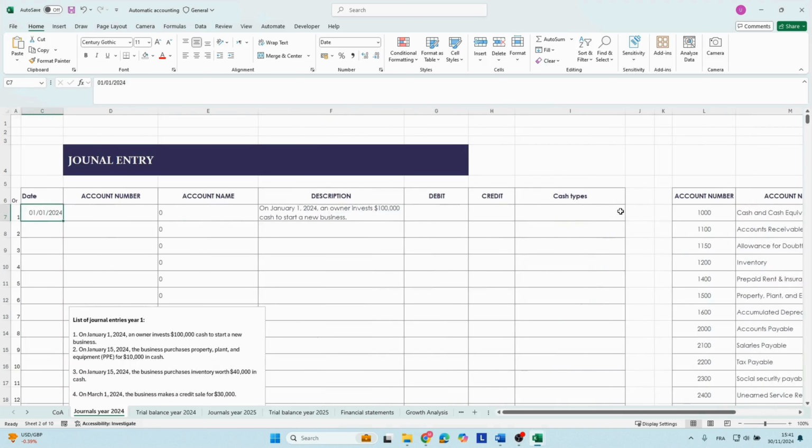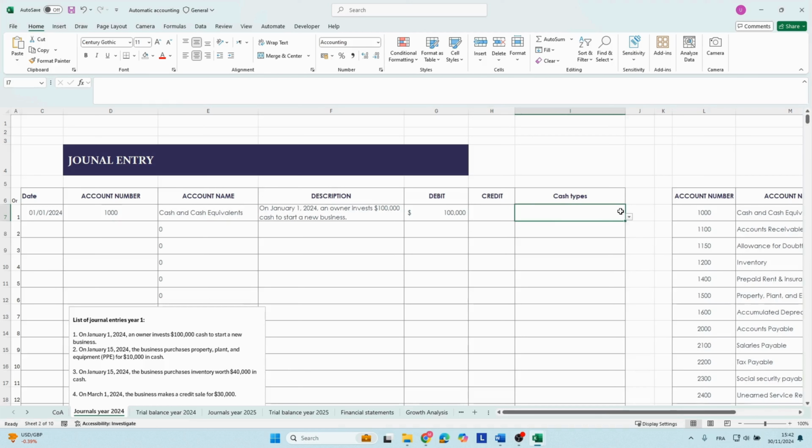So we need to use the bank account, and we get the account name automatically. Then we put the exact amount, 100,000. Here we have increased our bank. Then for credit, there's no value to put on the first line.